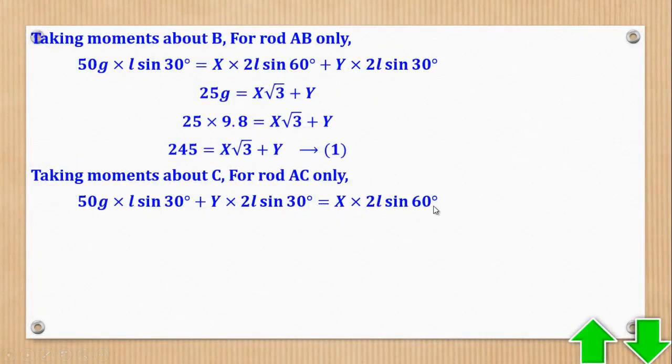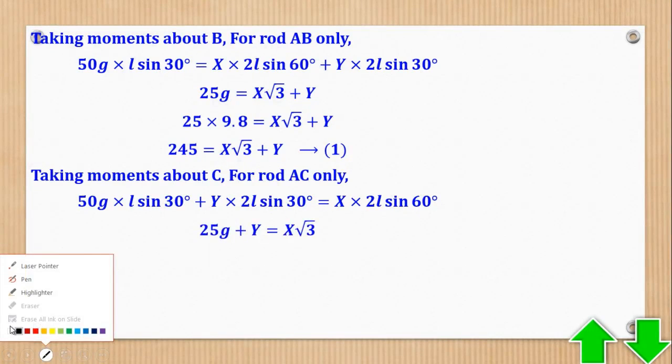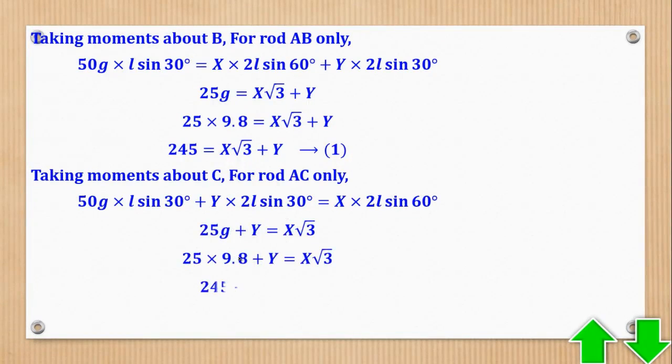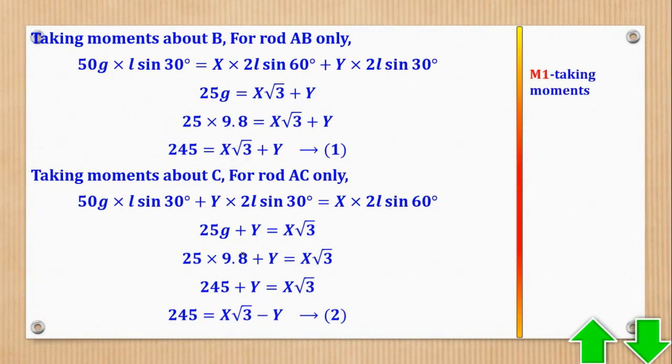So sine 120 is the same as sine 60, so you come up with that from the quadrants. So next we simplify and come up with the second equation, which is that. So I've got two equations, I have to use them to get the values of capital X and capital Y. So before I use them, let's see how marks can be awarded.